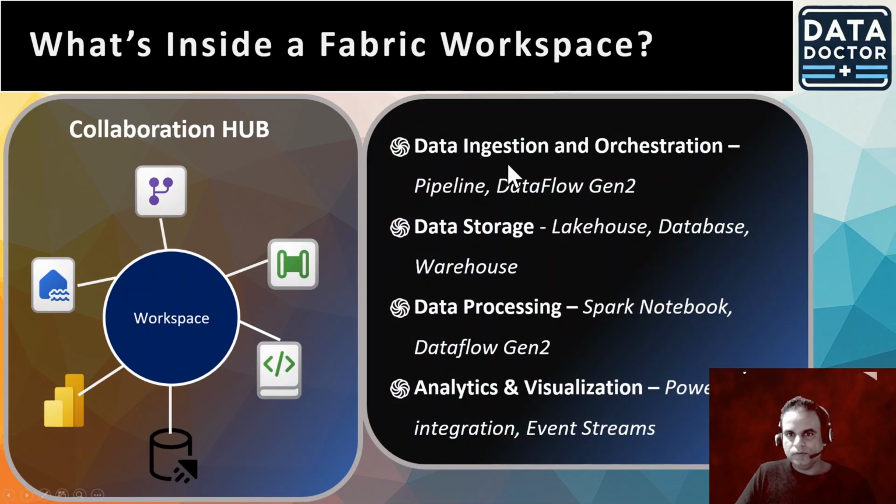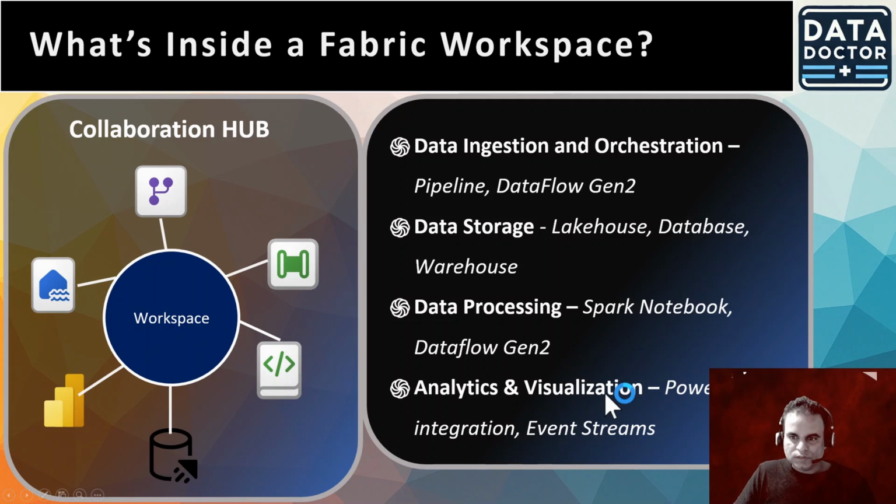When we talk about data ingestion or orchestration, this is an important topic for data engineers, and for that purpose we have data pipelines and Dataflow Gen2. Data storage is, of course, a crucial thing, and for that we have the Lakehouse, database, and data warehouse available in Fabric. For data processing, we have Spark notebooks and Dataflow Gen2.